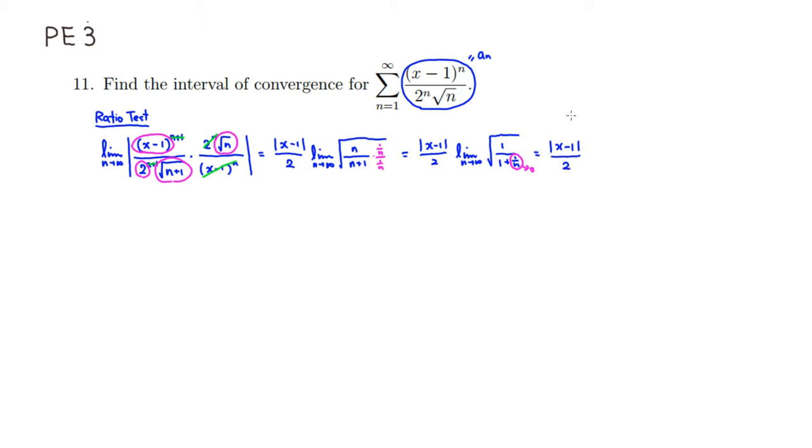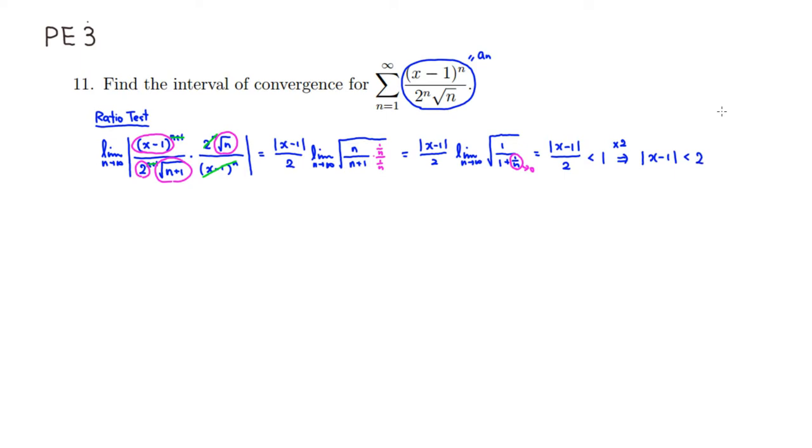So this is the ratio test. Just like the r value in a geometric series, we want this value to be less than 1 to get convergence. So we multiply both sides by 2 to get absolute value of x minus 1 is less than 2. Then we can get an interval out of this.